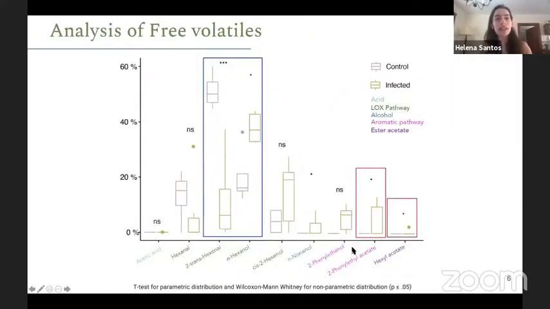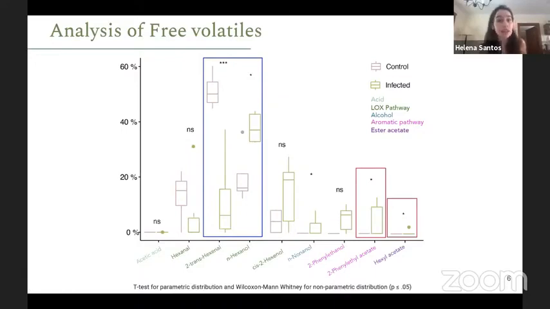So regarding the free volatile fraction, what we can see in this plot is that in this blue box, we have two compounds that are statistically changing in infection. These two compounds belong to the LOX pathway, so the green leaf aroma volatiles. And as Dr. Francesco said, they are known for their role in defense.